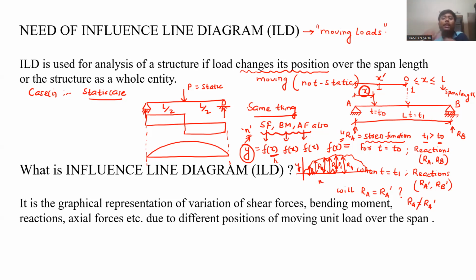So many RAs are there. Why are so many RA coming for a given stress function? For a single stress function, so many points are coming. Can anyone tell?